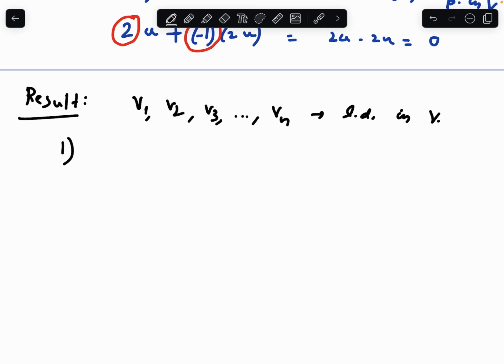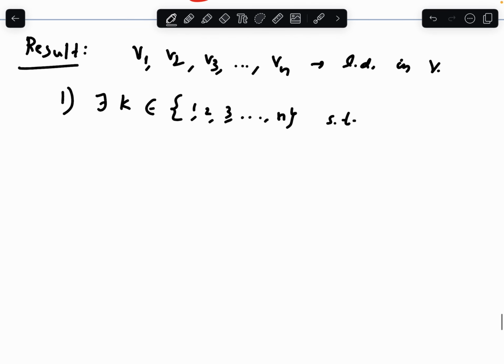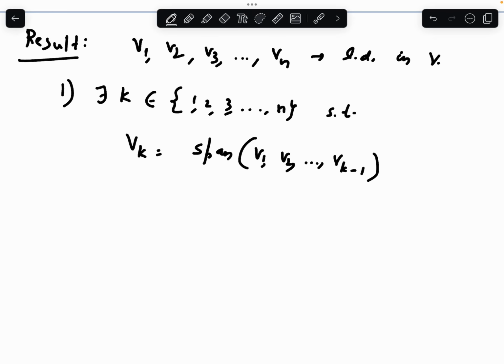That is, there exists k in 1, 2, 3, 4, 5, ..., n such that vk belongs to the span of vectors which are coming before it, that is, v1, ..., v(k-1). This is the meaning of this. Okay. So this is one thing.